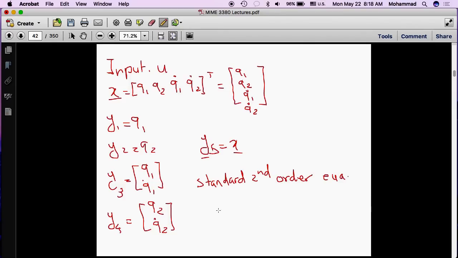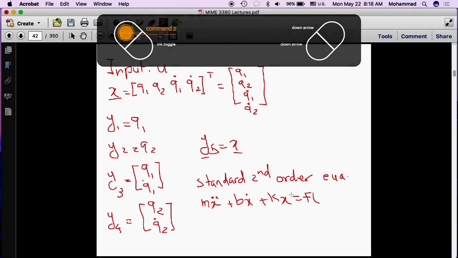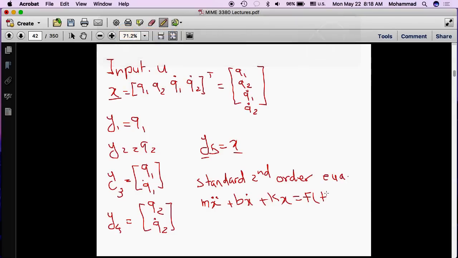So the standard second order equation, whenever we talk about it, we mean this. If you talk about a mass damper spring system, it has a differential equation that looks like this.